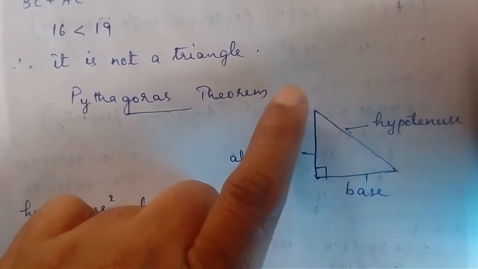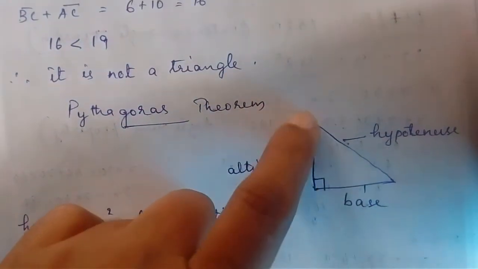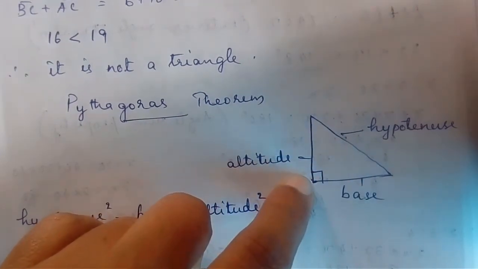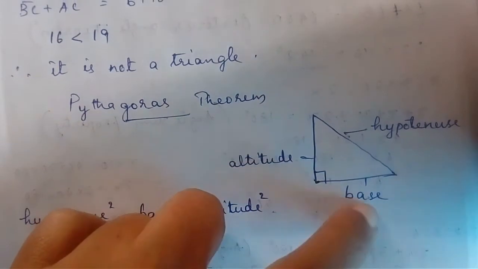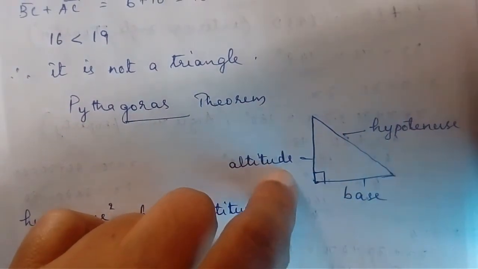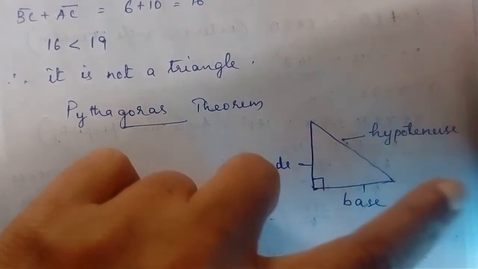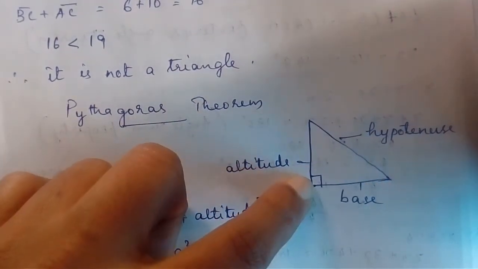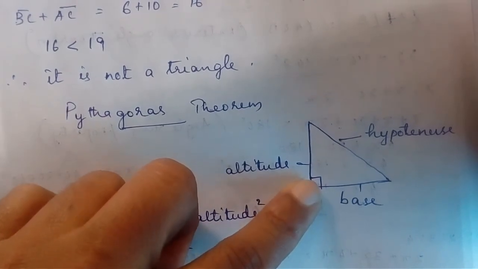Now we can see two sides which are perpendicular to each other, the adjacent sides. Of those two sides, any one can be considered as base and the other as altitude. But usually we take the horizontal one as the base and the vertical one as the altitude.